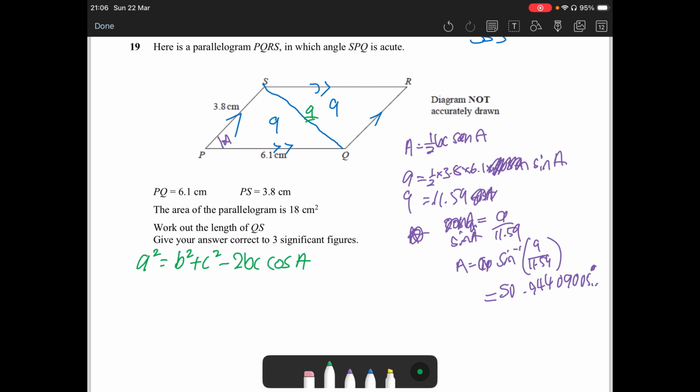It's this length here. So a squared, let's call that b, let's call that c. 3.8 squared plus 6.1 squared minus 2 lots of 3.8 times 6.1 times cosine of 50.94.